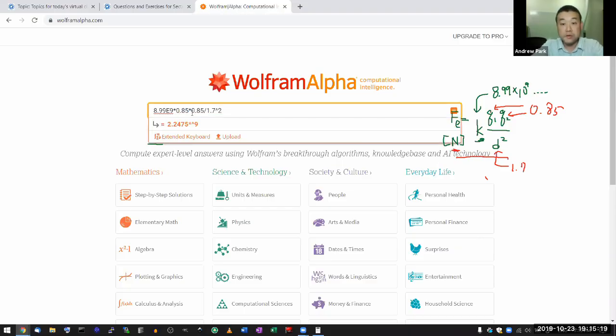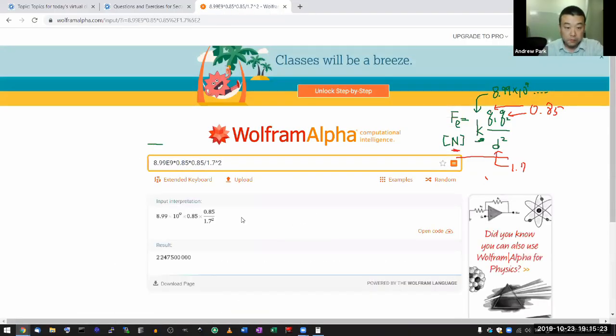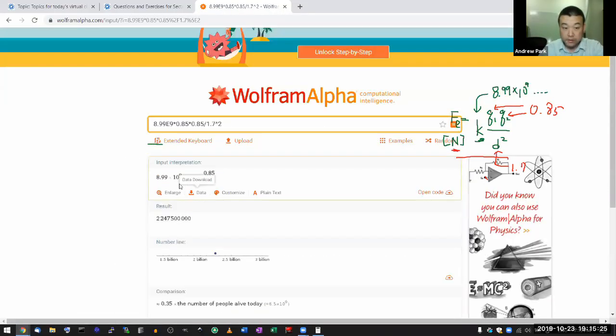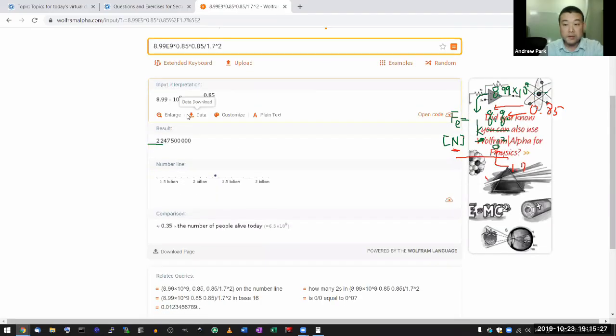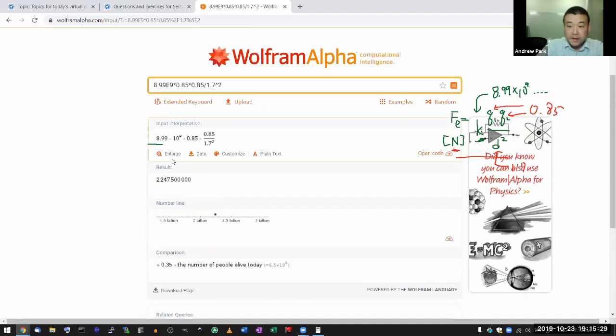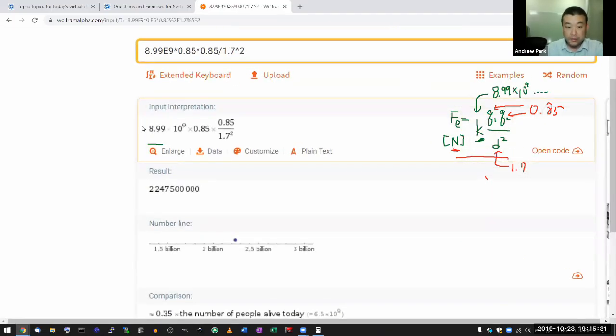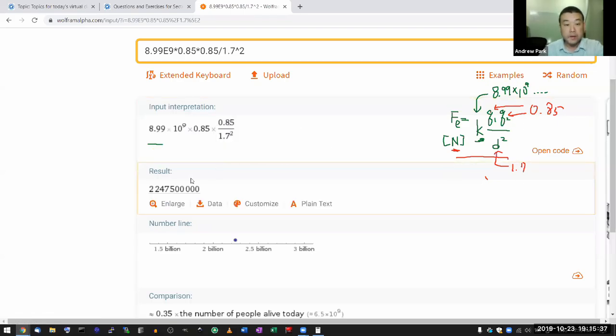I'm raising 1.7 to the power of 2. When I enter that, Wolfram Alpha shows me how it interpreted my input, and I can double check that it's consistent with what it was supposed to be. So if somehow you're not getting this answer on your calculator, this is one way you can check that you are understanding correctly how your calculator works.